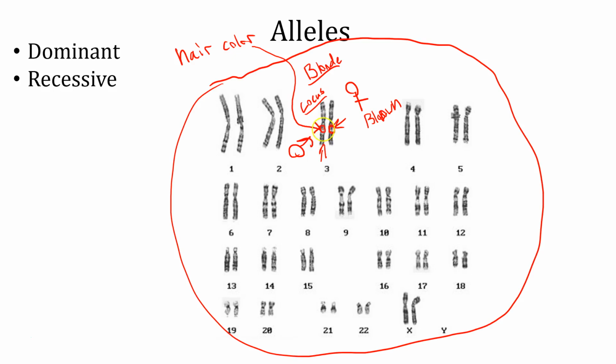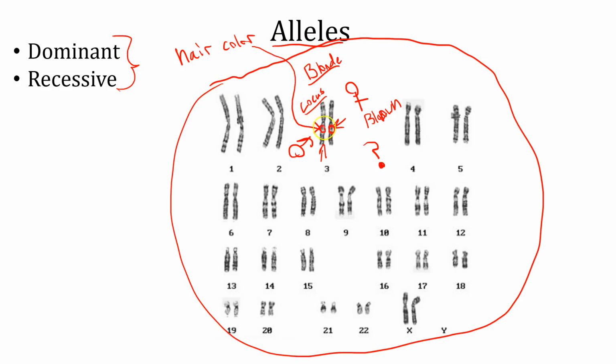One would have a copy of the information required to make blonde hair. The other would have a copy of the information required to make brown hair. And then the question is, what is this organism going to have? Is it going to have brown hair? Is it going to have blonde hair? That's where we get into the whole idea of the difference between dominant and recessive alleles.